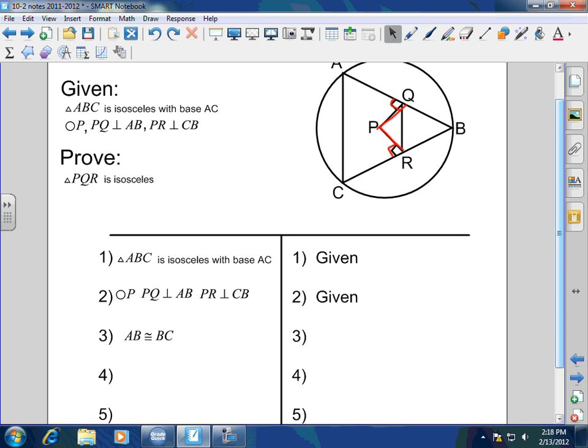That AB is congruent to BC. The theorem states that if two chords of the same circle are congruent, then they are both equidistant from the center. Okay? So all we know is that it's perpendicular. So CB is going to be congruent to BC.